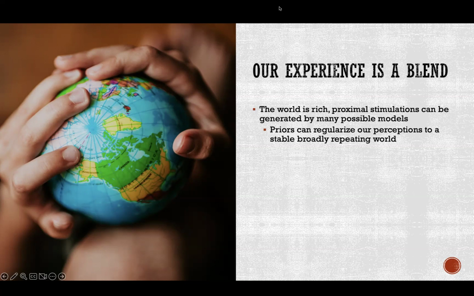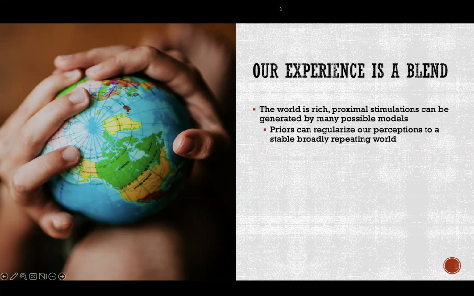And priors, our expectations, can help us regularize our experience of the world, right? So that we don't have these shifting percepts of all the possible sources of these data, but we actually have quite reliable experience of the world, right?